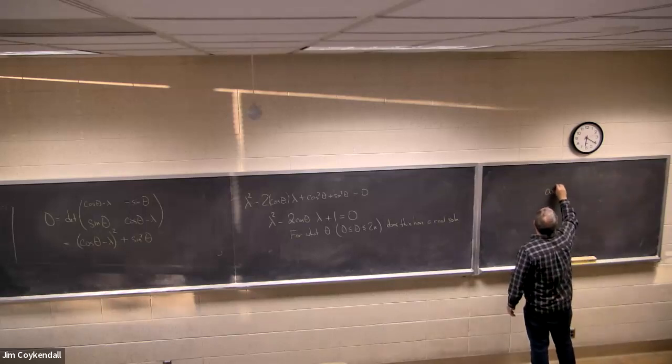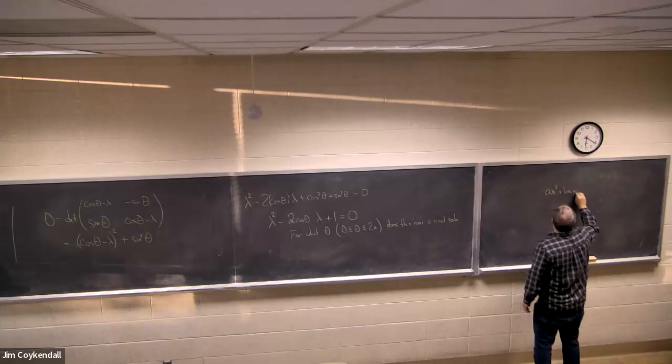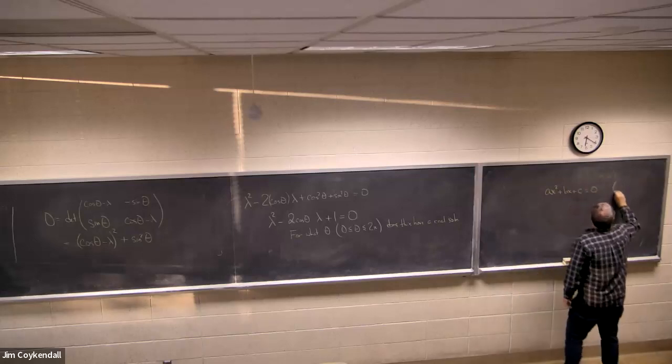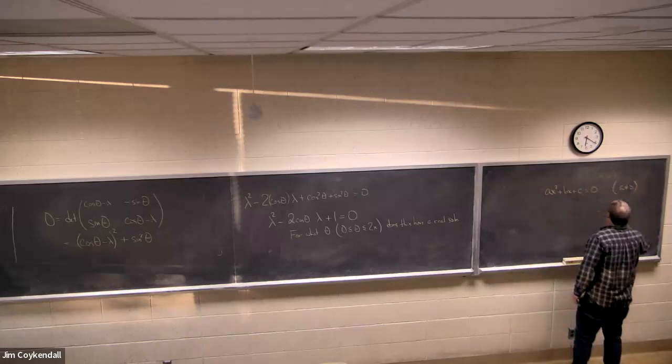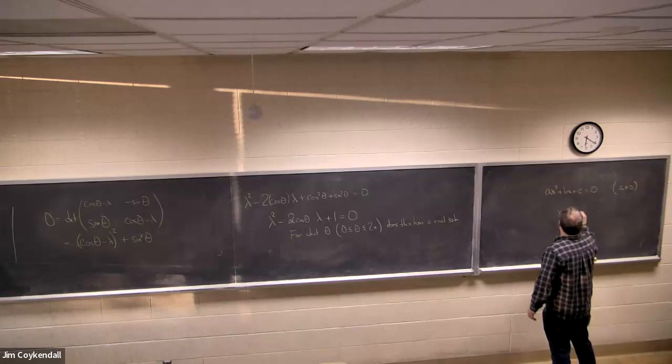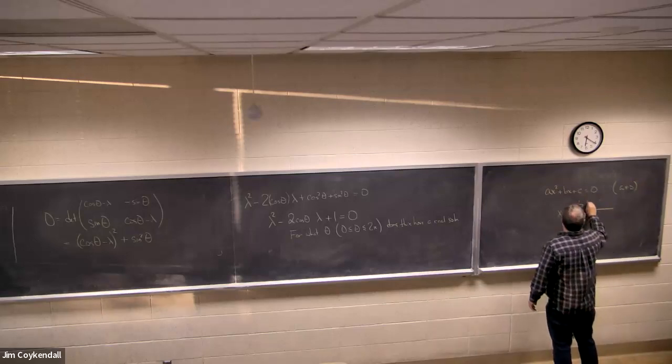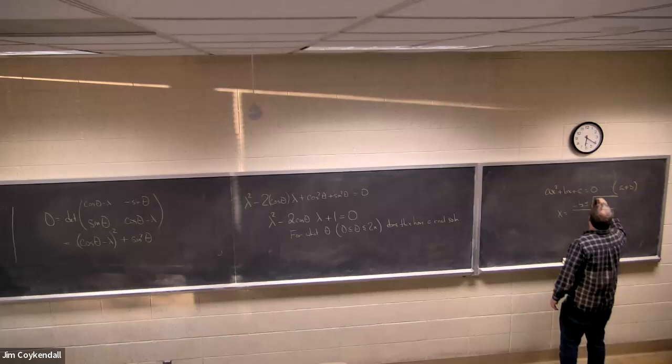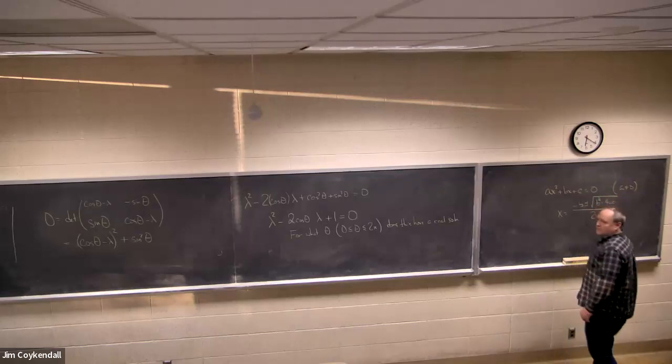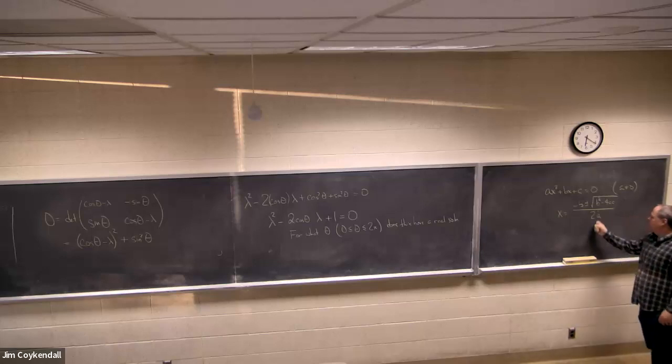You have ax squared plus bx plus c equals 0. Here we need a not 0, from the obvious formula. The x equals negative b plus or minus the square root of b squared minus 4ac, over 2a. Right? And so this is the part that goes into the square root.